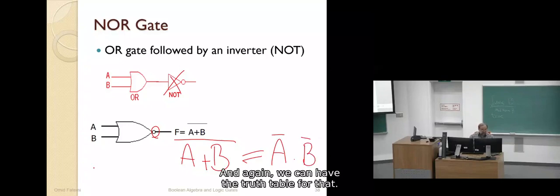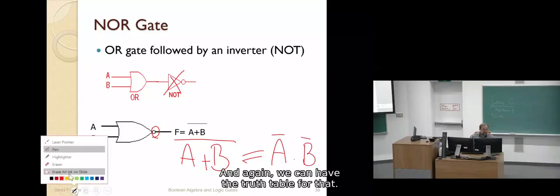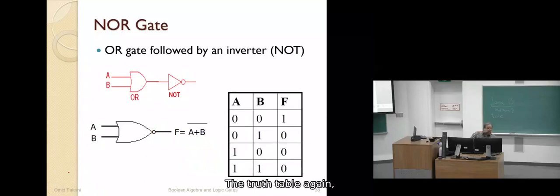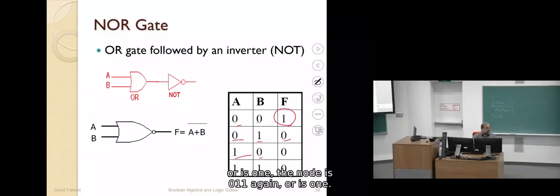And again, we can have the truth table for that. 0, 0: OR is 0, so the NOR is 1. 0, 1: OR is 1, so the NOR is 0. 1, 0: OR is 1, the NOR is 0. 1, 1: again, OR is 1, so NOR is 0. Inverting the OR, yeah. So it has one 1 and three 0s in the truth table. This is the NOR gate.